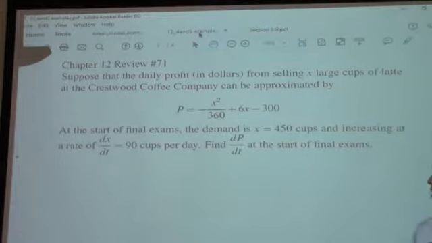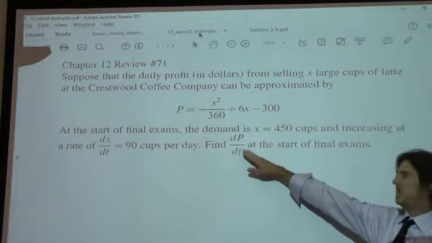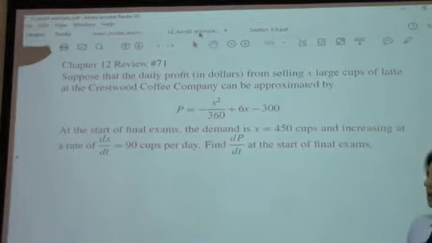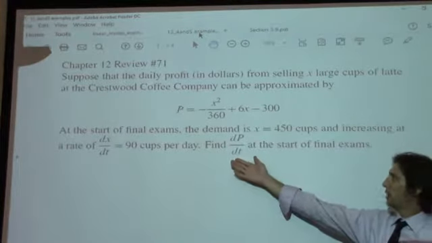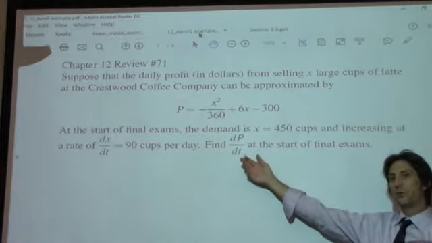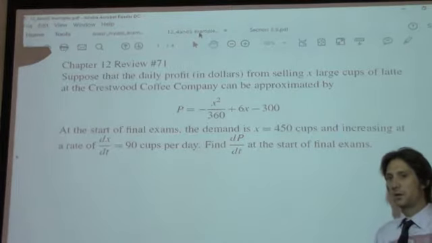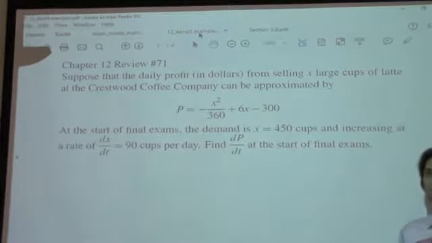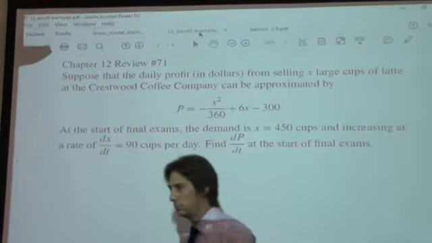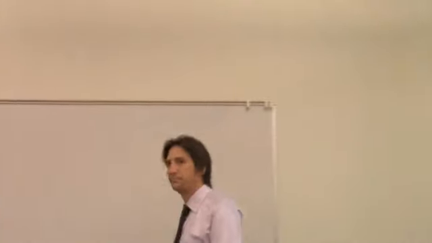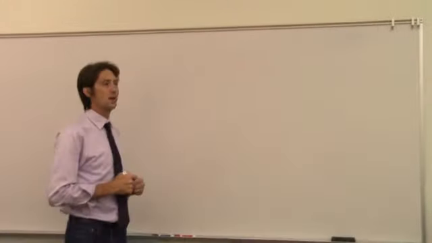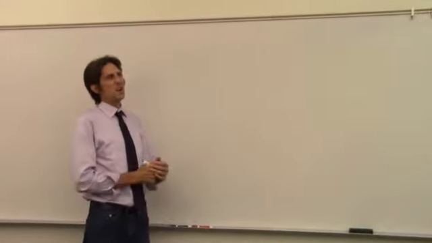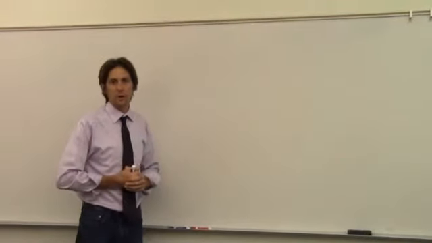What we're going to do in a second is figure out what dP/dt is at the start of final exams. To emphasize, dP/dt is the rate at which the profit is changing with respect to time at the particular instant, in other words, at the start of final exams. In this problem, a diagram isn't really necessary.